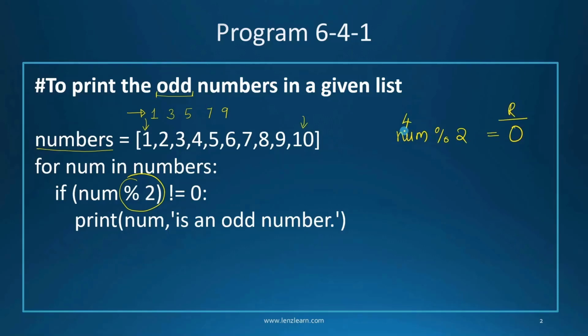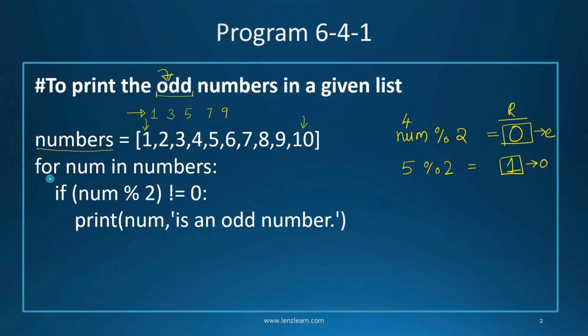So you should understand, when you modulo divide an even number with 2, always the remainder will be 0. But if you modulo divide an odd number with 2, always the remainder will be 1. Right? So by checking for 0, you can get even numbers, and by checking for 1, you can get odd numbers.